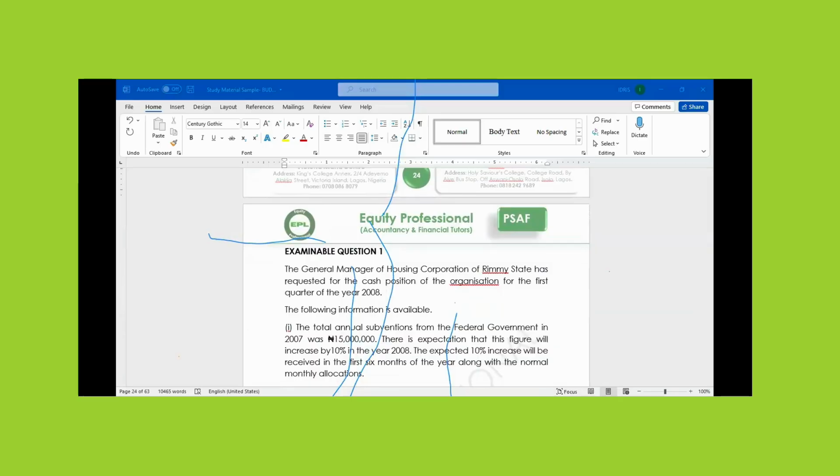One: the total annual subventions from the federal government in 2007 was 15 million naira. There is expectation that this figure will increase by 10% in the year 2008. The expected 10% increase will be received in the first 6 months of the year, along with the normal monthly allocations.